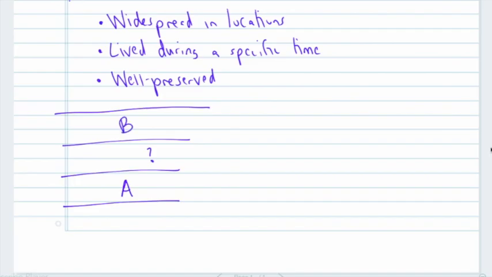That tells us that the mysterious new fossil must be somewhere between 40 and 67 million years old. Okay? That's how relative dating works.